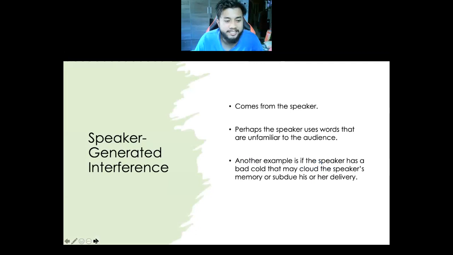Okay, so that's why make sure before you give a speech, a day before or 2 days before, try to clear your mind. Try not to think too much or worry too much about things that have not happened yet. And try to at least go outside, take some fresh air, so that on the day it's your turn to give a speech, you manage to give a speech full of calmness but with confidence.